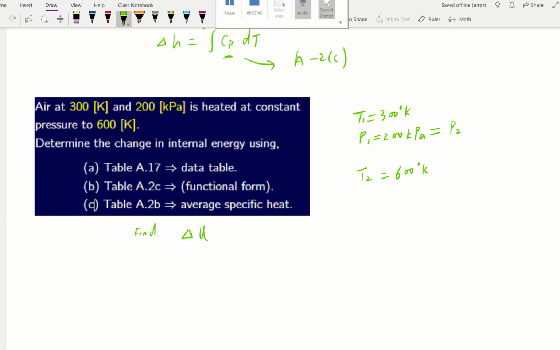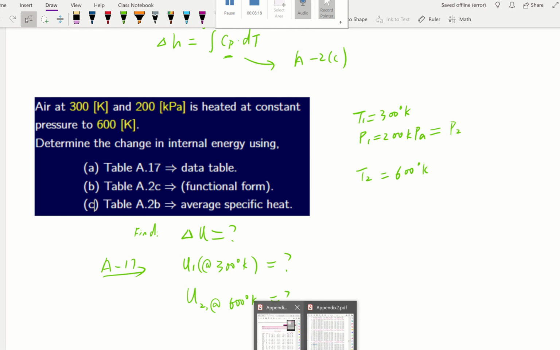Then we know there are 3 different methods we can use. Let's use the first method, using table A17. Table A17 is going to tell us the exact value of U1, which is at 300 Kelvin, and we can also find U2, at 600 Kelvin. So let's go take a look.